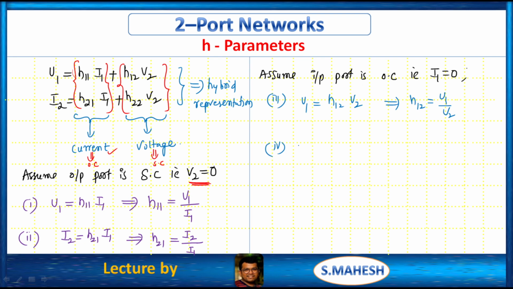Fourth one, I2 equals H22 V2. From this H22 is nothing but I2 by V2. So we have H11 V1 by I1, H21 I2 by I1 and H12 V1 by V2, H22 I2 by V2. Simply V1, I2, I1, V2.